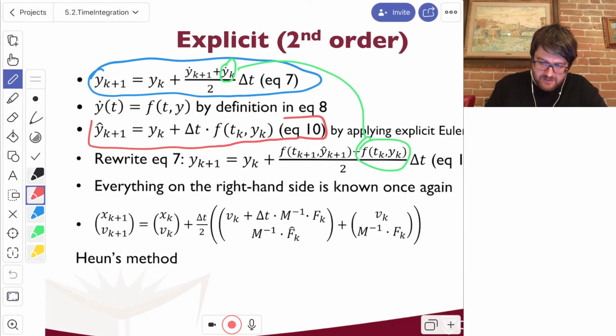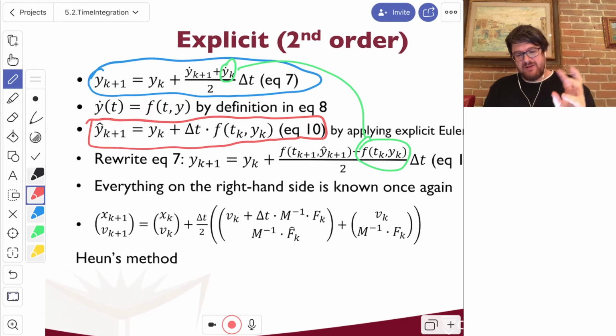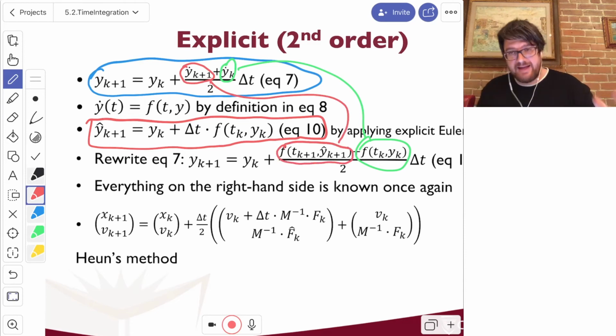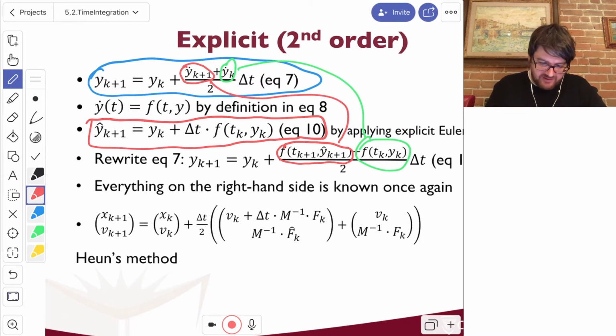Once we can compute y hat k+1, where the hat denotes the first order estimate of y_{k+1}, not our second order estimate, we can use the differential equation at time k+1 to estimate y dot k+1 by f of t_{k+1}, y hat k+1. The hat means it was computed using the explicit Euler. And if we put everything together, we have this result here.